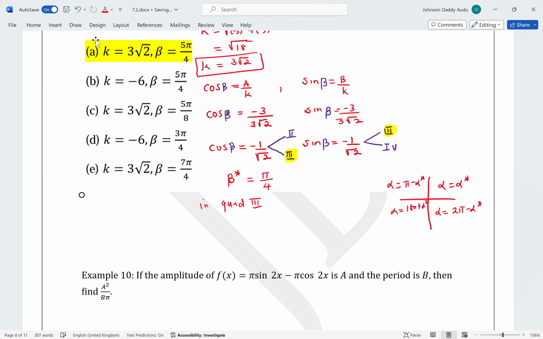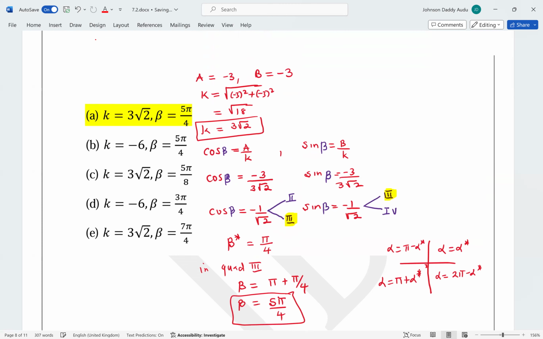So in quadrant number 3, our beta is going to be pi plus alpha star, because we're in quadrant 3, so we use this one here, which is 180, or you use it as pi plus alpha star. So it means that beta is just going to be 5 pi over 4.